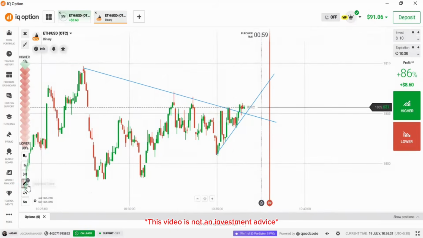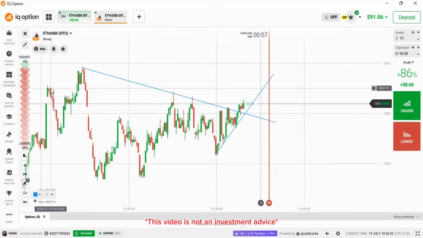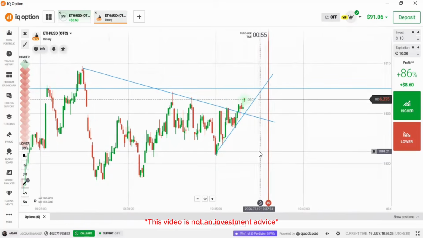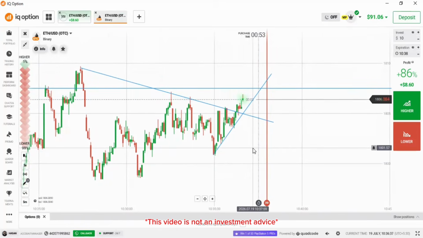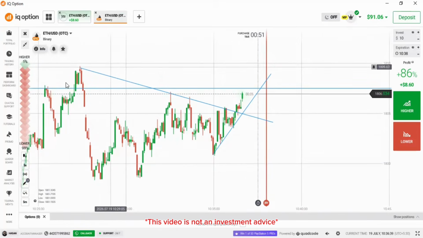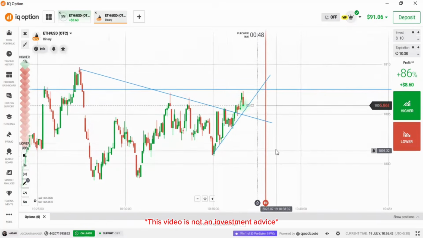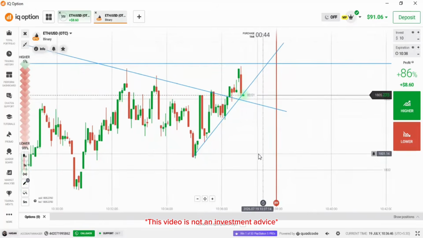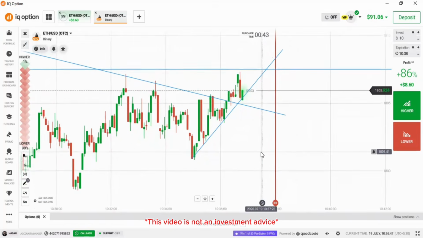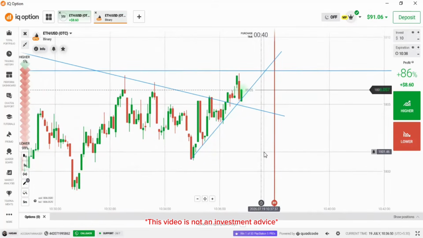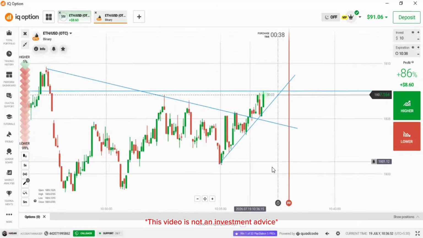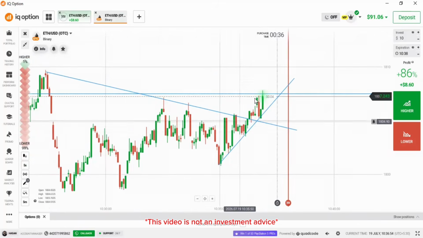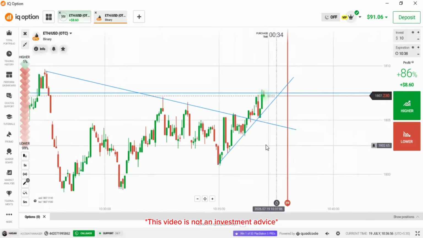So the next level is here actually. This is a left side shoulder point. So it made another high than the previous high.